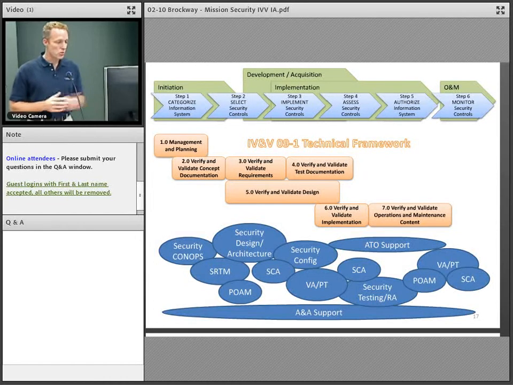ATO support is the authority to operate. Again, that's not just simply helping package up for the adjudicators to get across the finish line.